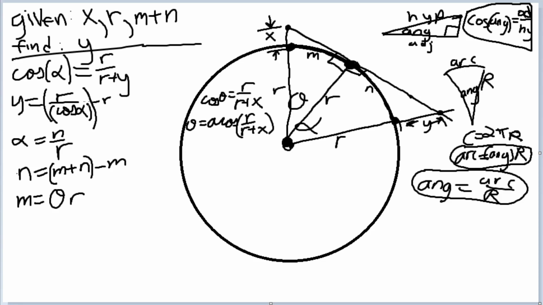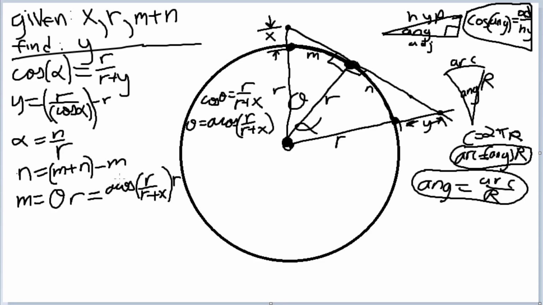So right, you can see how we've gone down the line and we've found y, but to make this useful, the format that's useful, I will put it all together. So we're going to write here, yes, this is the way I should do it. Theta equals a cos of r over r plus x, times r.